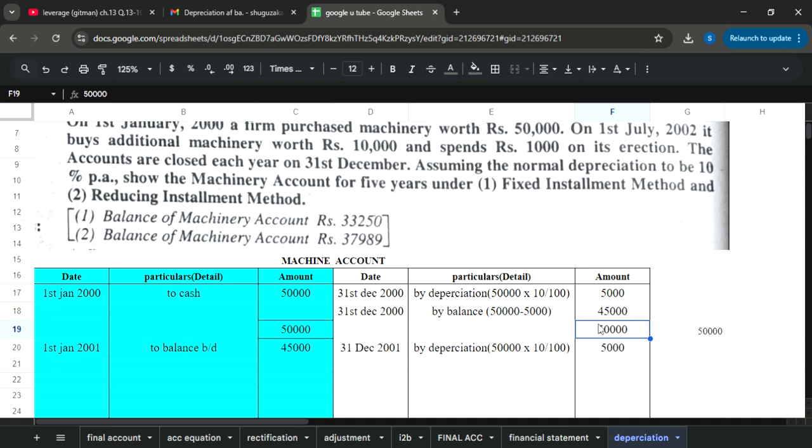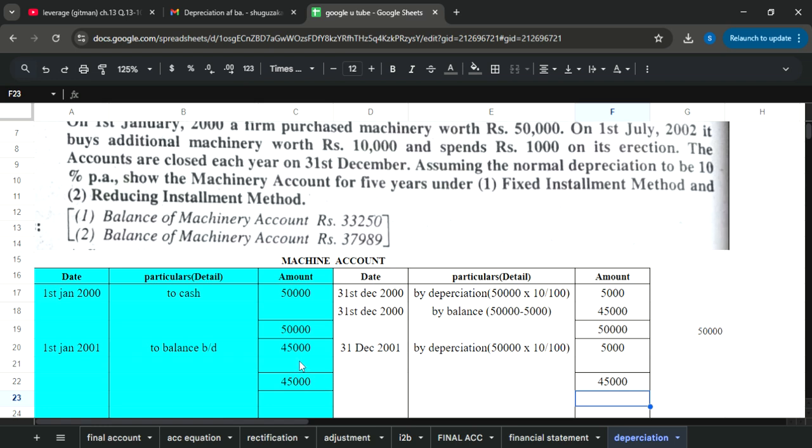In a similar way, now you will be calculating your total, and here the total of both sides would be mentioned. So 4 lakh 45,000.